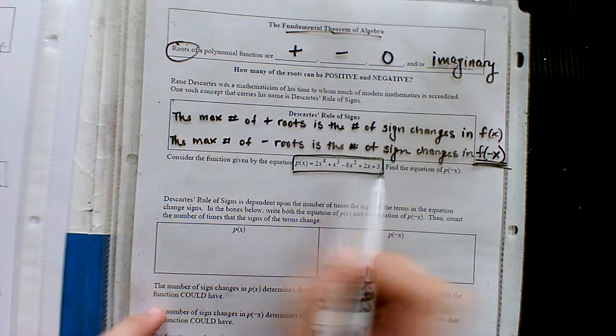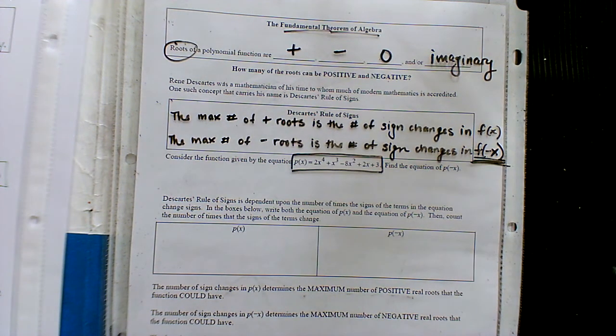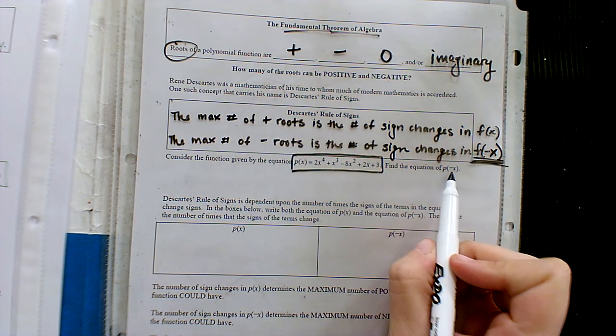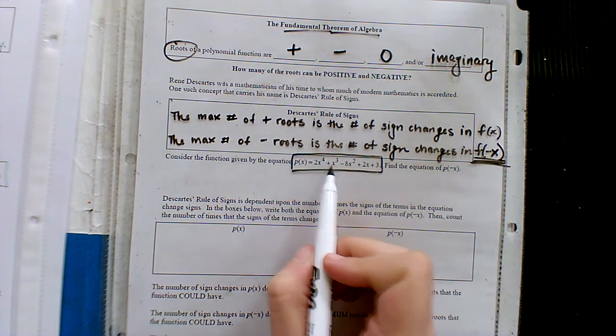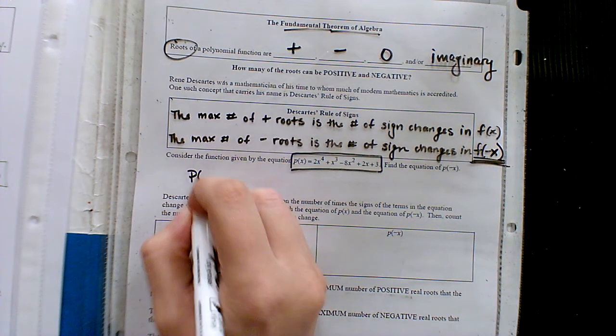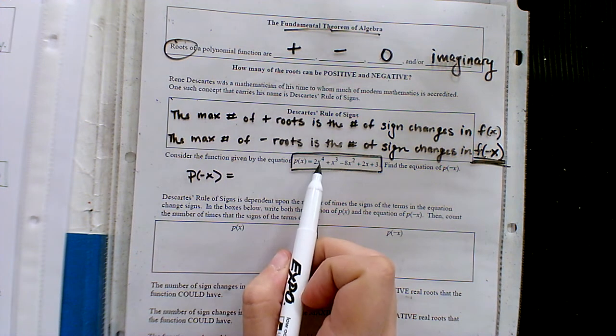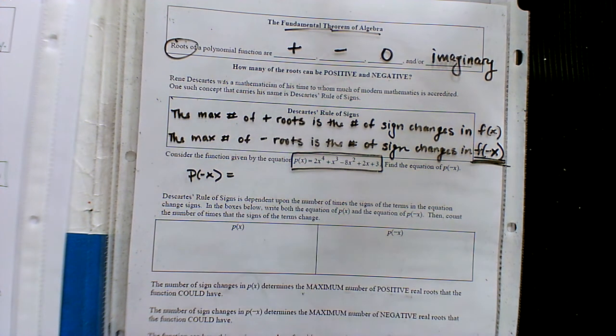Okay, we're going to say p of x is this original equation. We want to try to figure out if we were to plug in negative x for all of those x's, how would that change the terms? Can we think about it? If you were to plug in a negative x and then raise it to the fourth, what would happen?